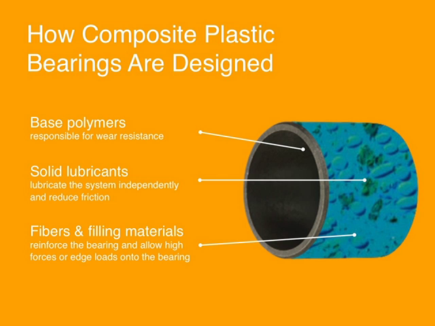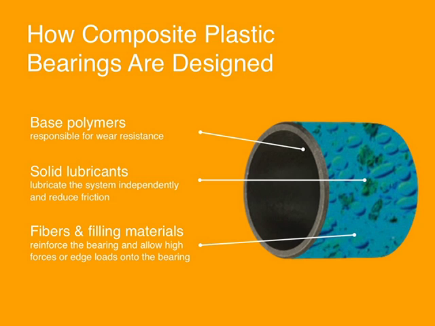So at igus, we aren't necessarily inventing new plastics, but what we are doing is developing new plastic compounds that are specifically and specially formulated for bearing applications. Not only linear bearings, but we also make materials that are suitable for rotary and pivoting applications as well.